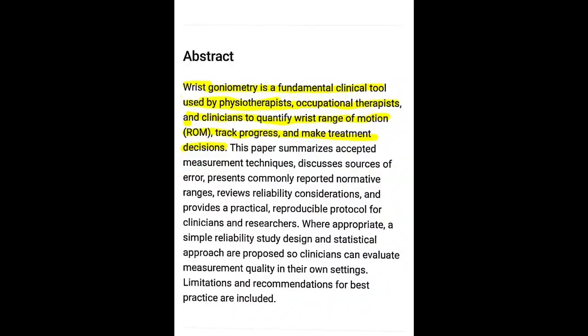These papers summarize accepted measurement techniques, discuss sources of error, present commonly reported normative ranges, review reliability considerations, and provide practical reproducible protocols for clinicians and researchers. Where appropriate, a simple reliability study design and statistical approach are proposed so clinicians can evaluate measurement quality in their own settings. Limitations and recommendations for best practice are included.